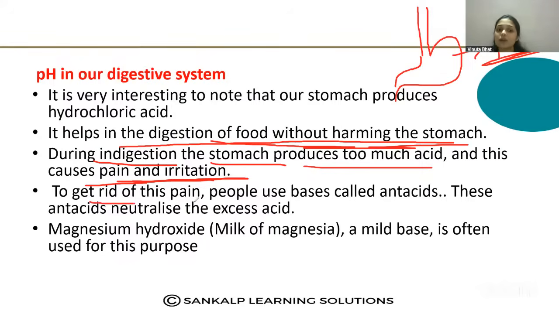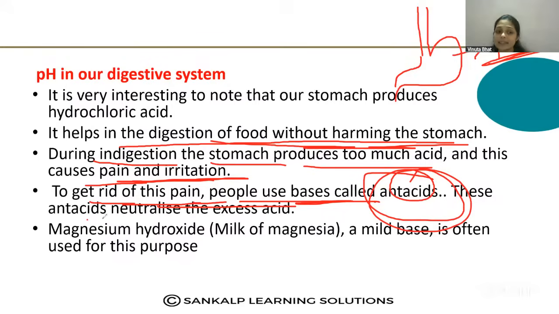To get rid of this pain, people use mild bases called antacids. Very important. What are antacids? The bases that cure the pain caused by the production of too much acid.